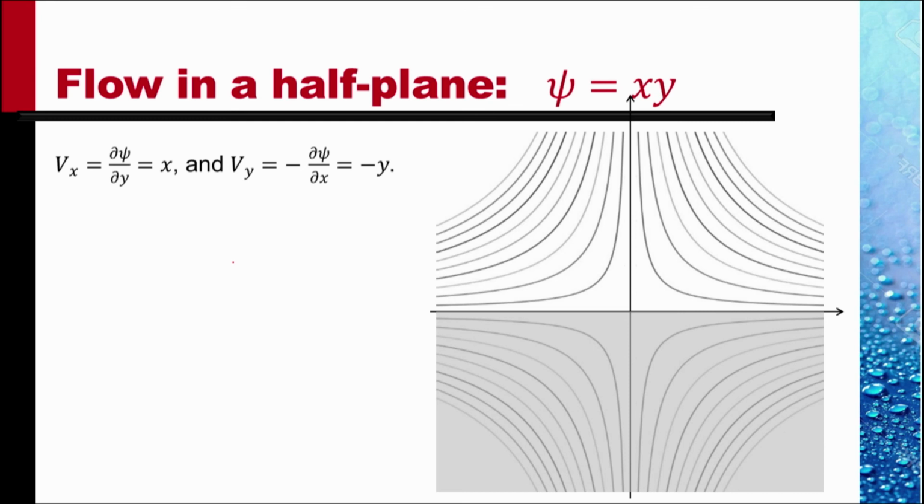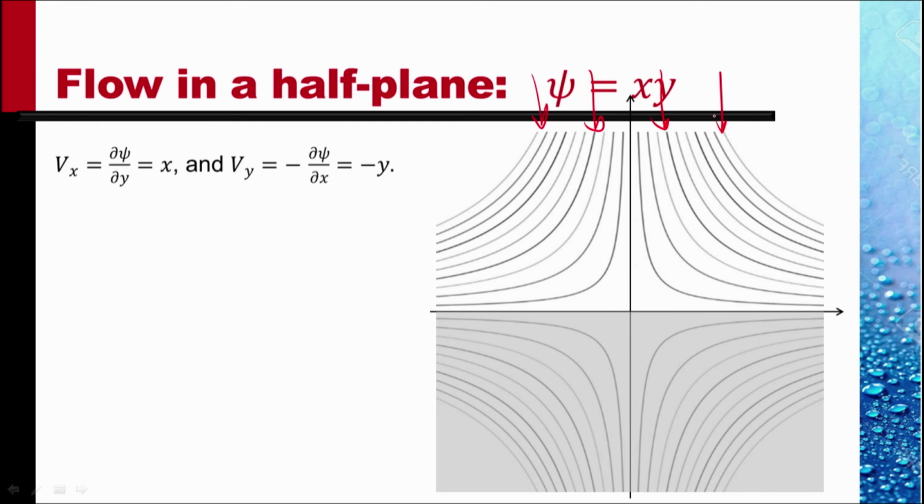This is a particular kind of flow which we will consider later, called the irrotational or the potential flows. So psi is equal to xy can be used to represent the flow coming vertically downwards towards a wall.